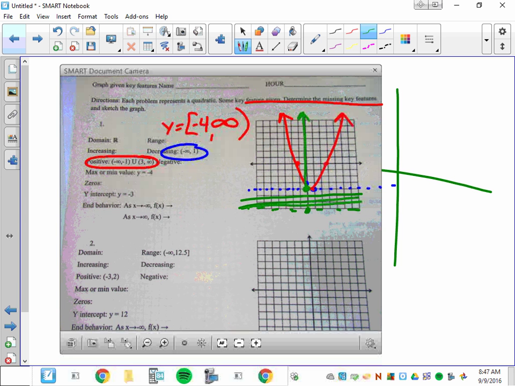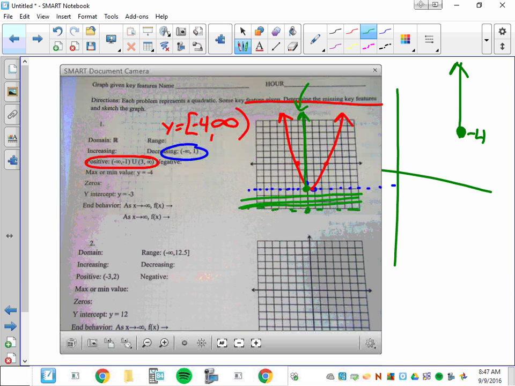The first time a y value shows up on the graph is at the minimum, which is negative 4. So this green line that this arrow I've drawn is everything from negative 4 up. So if I drew it over here, from negative 4 up to infinity.